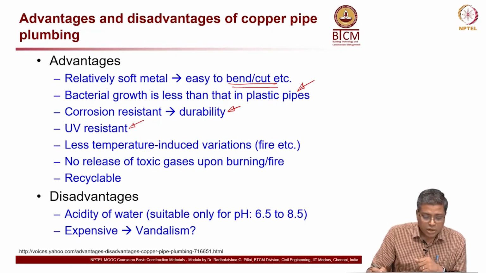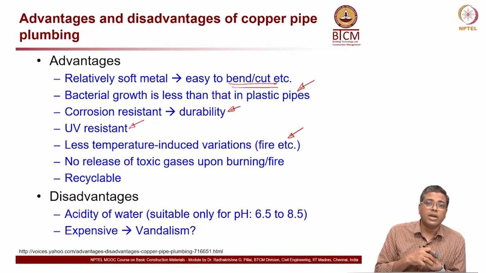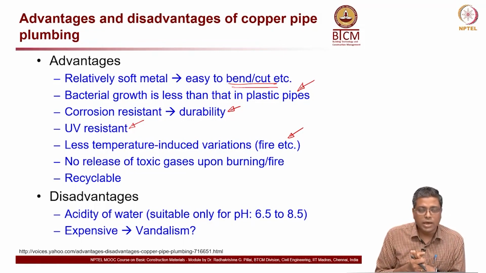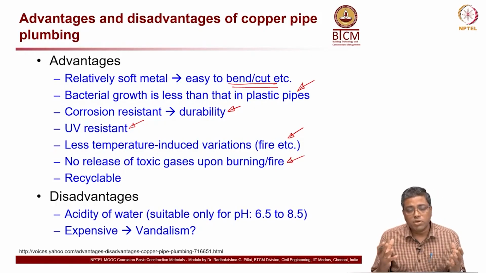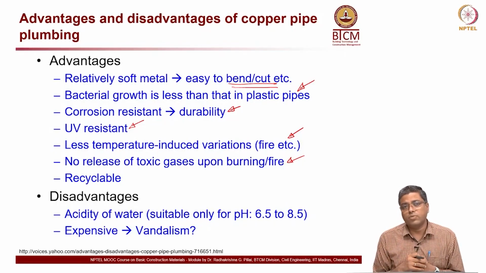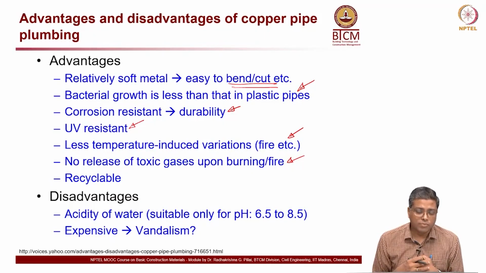Now, there is less temperature-induced variation. Even if there is a fire attack, plastic pipes will melt and get damaged, but copper pipes will stay intact at relatively higher temperatures. Also, there is no release of toxic gases. If there is a fire and you have PVC pipes, they will burn and a lot of toxic gas will be released.